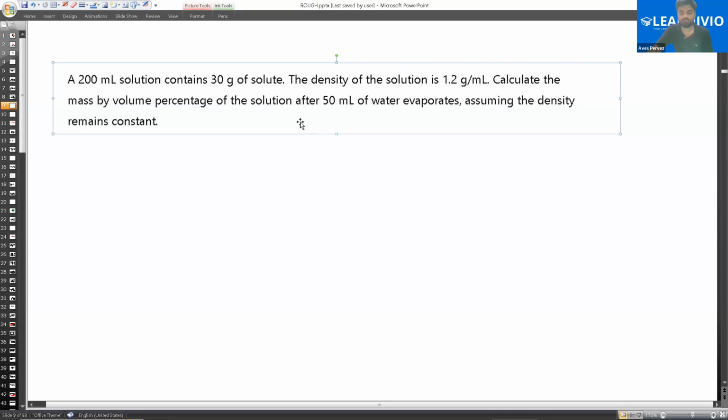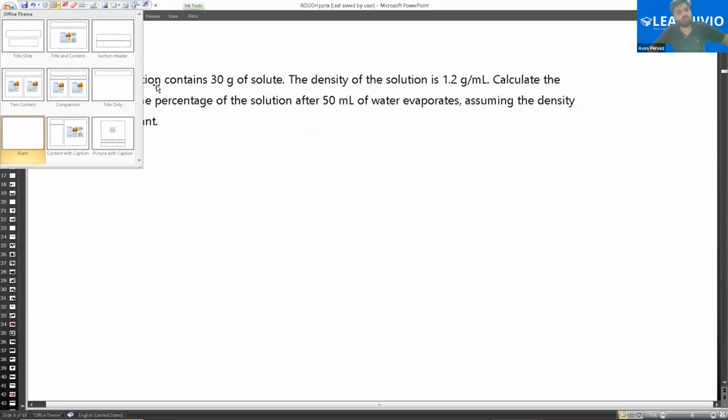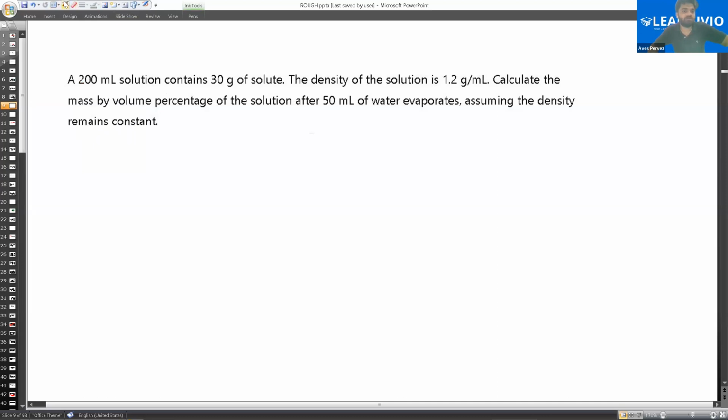Done? What is saying in the question? 200 ml of solution contains 30 grams of solute.